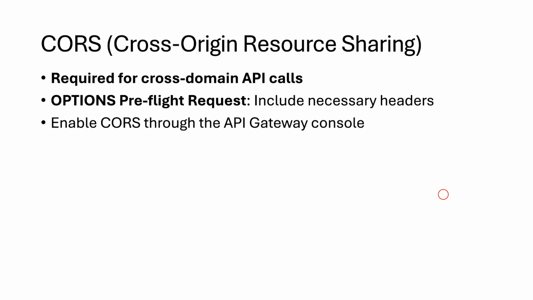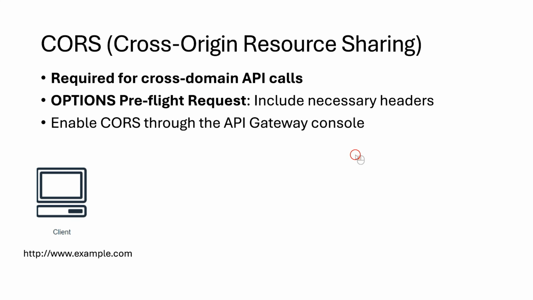Enabling CORS is straightforward and can be done directly through the API gateway console itself. So you have to pass this pre-flight request with some headers in it. I will show you how it looks now.